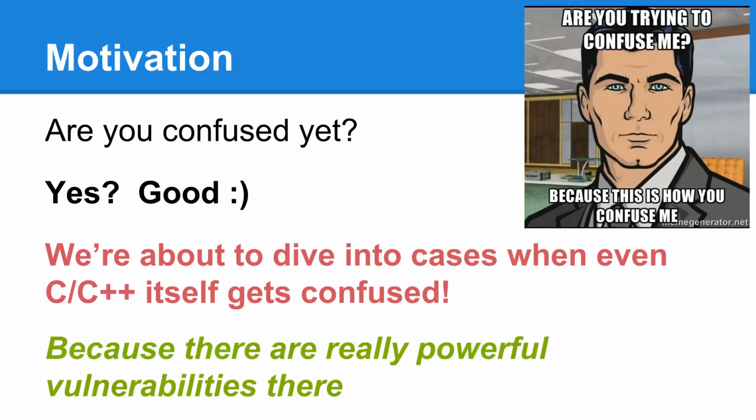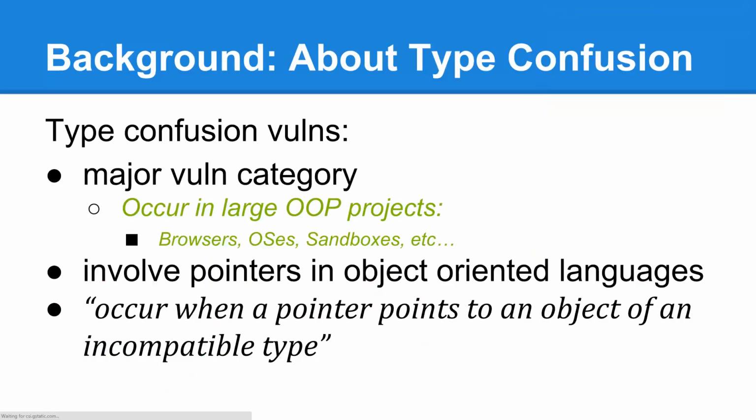There are some really powerful vulnerabilities that have been found in the last 5 years that are type confusion bugs in major projects like browsers, operating systems, and etc. It is today now a major vulnerability category.